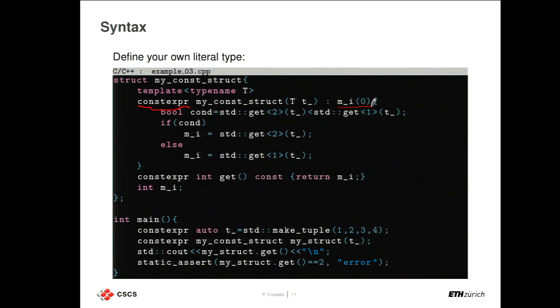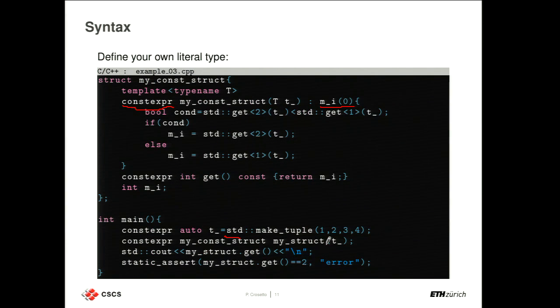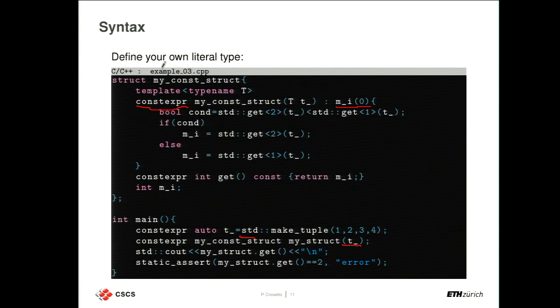You have to initialize this before the body of the constructor, but then you can also modify it inside the body, and all of this can be done at compile time. So you can define Constexpr auto T, my const, and pass a tuple. All this works. By the way, you can try it in 03.cpp. You can try to modify the code to break it and see when it's not compiling anymore.